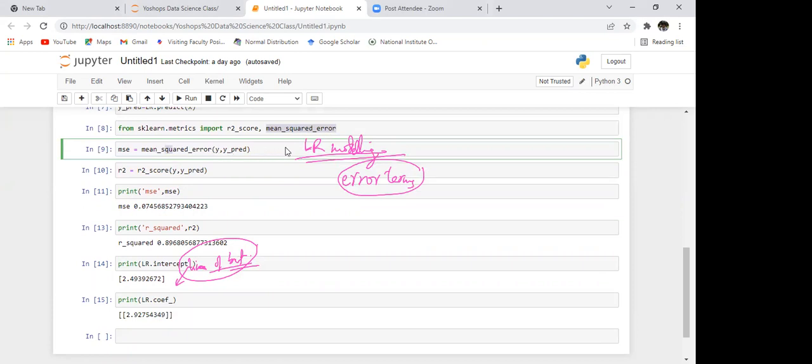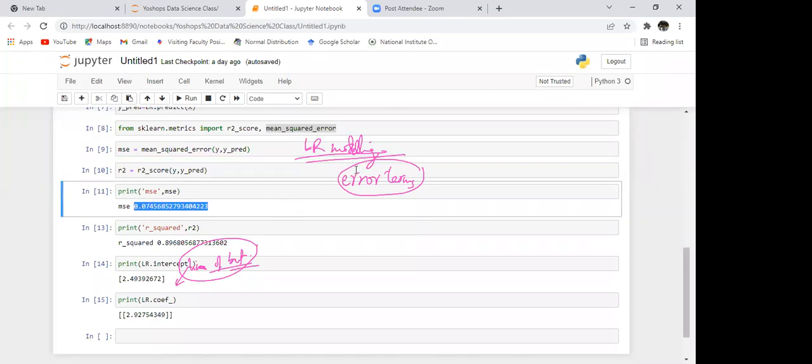You also have mean absolute error, okay? So a low value, a minimum value of this mean squared error, a mean squared error almost near to 0, will indicate that whatever line of best fit you have obtained, it is almost passing through every point, right? It is almost near to every point in your data set.